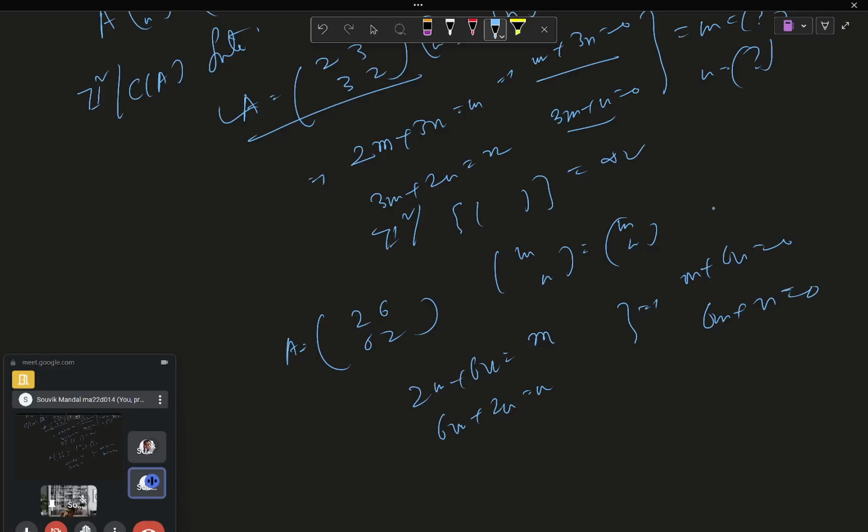Now you can calculate m and n, and you will get the answer. I mean, either you will get infinite values of m or you will get finite values. In case of infinite values, you will get the answer. That's all. And similarly, problem number one can be solved similar to this.